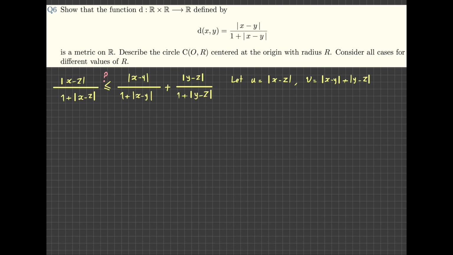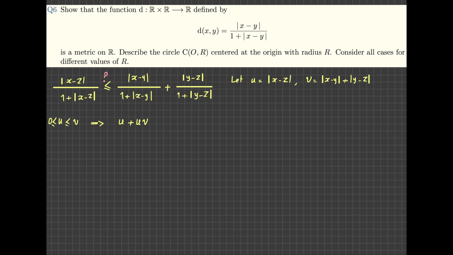Okay, if you have followed my lectures, in the second lecture of the transition to advanced mathematics, we showed that this number is less than this number. So we know that u is less than or equal to v. On the other hand, of course, we know that u is also non-negative because it is the output of an absolute value. Okay, what I do, I add uv to both sides.